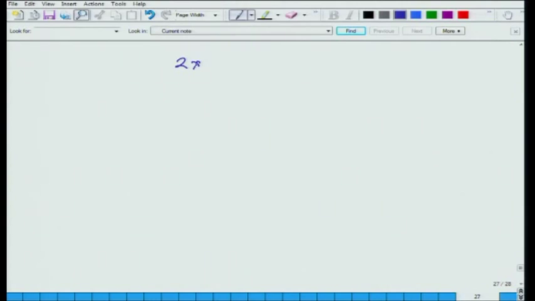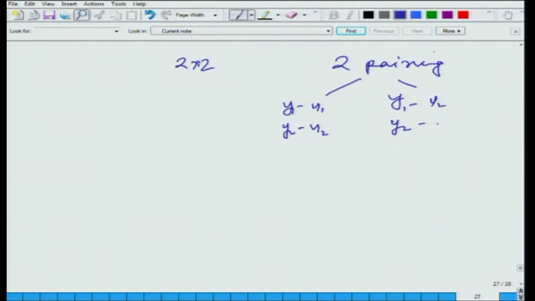Okay. So, for example, if you have a 2 by 2 system, you have two possible pairings. What are the two pairings? Y1 U1, Y2 U2, and the other pairing is Y1 U2, Y2 U1. Let us say I have a 3 by 3 system. Now how many pairings do I have?